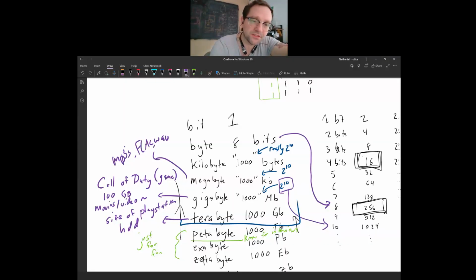All right. So here, movies, videos. I'll say 1 to 5 gigabytes. For me, 1 gigabyte is about the size of a movie. If you're watching a movie, it's within this range.